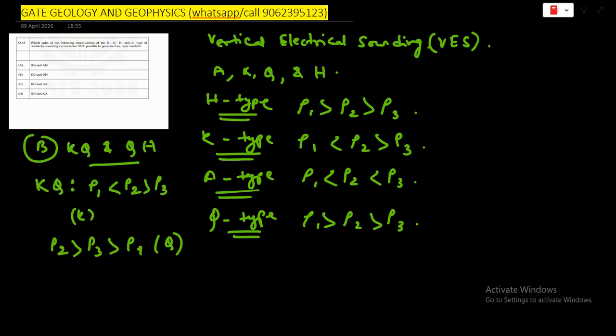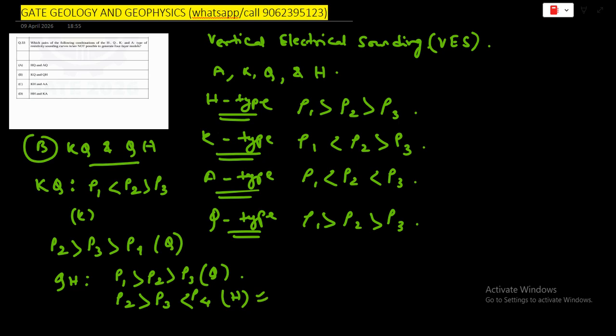If I talk about QH, then it needs rho 1 greater than rho 2 greater than rho 3 for Q, and rho 2 greater than rho 3 less than rho 4 for H. So yes, it also works.